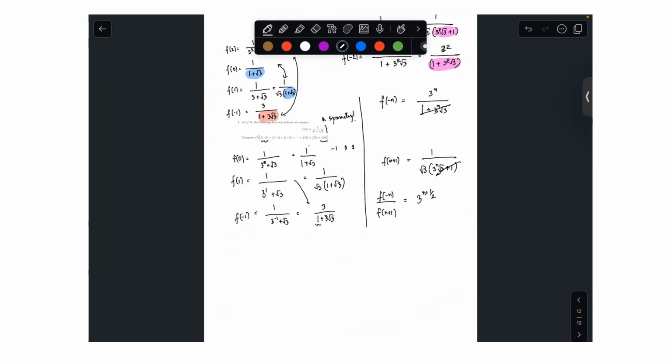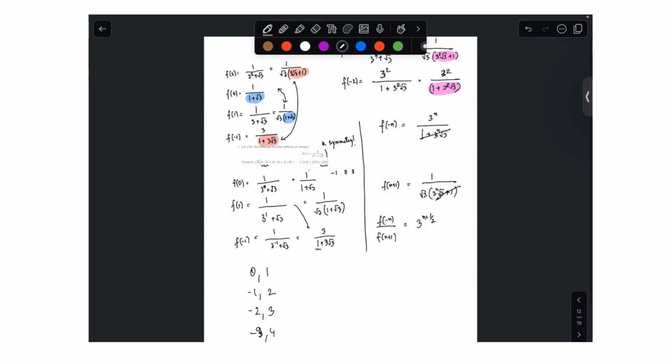So we get paired by 0, 1, minus 1, 2, minus 2, 3, minus 4, 3, 4, minus 4, 5, minus 5, 6.